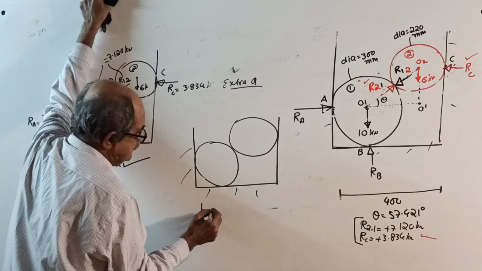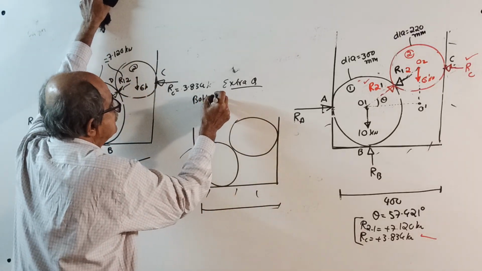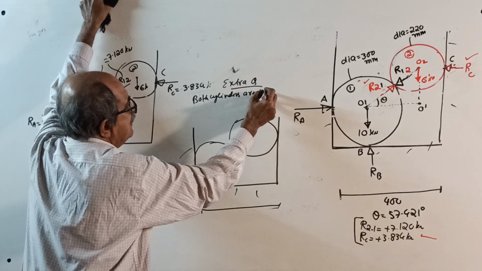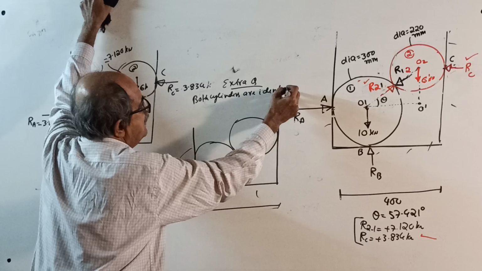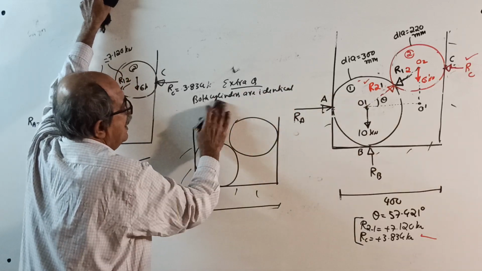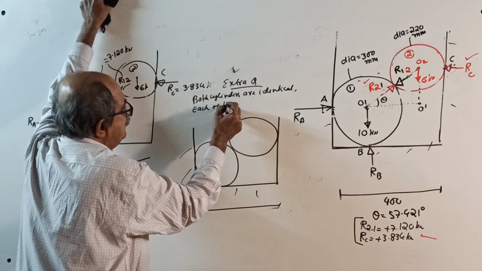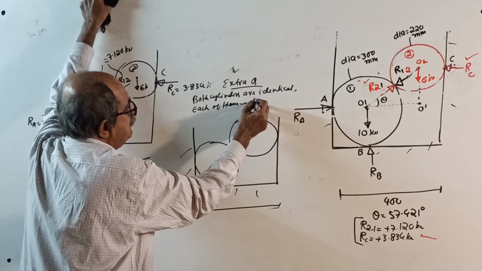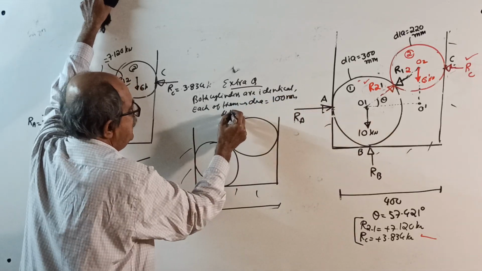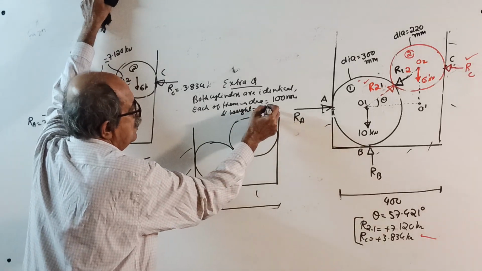See, this length I will tell you. In the question given, both cylinders are identical. Each of them has diameter 100 millimeter and weight equal to 4 kilonewton.